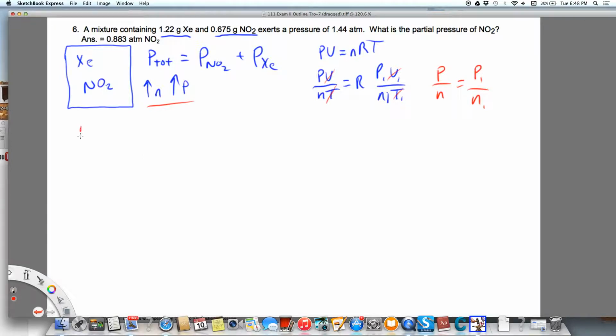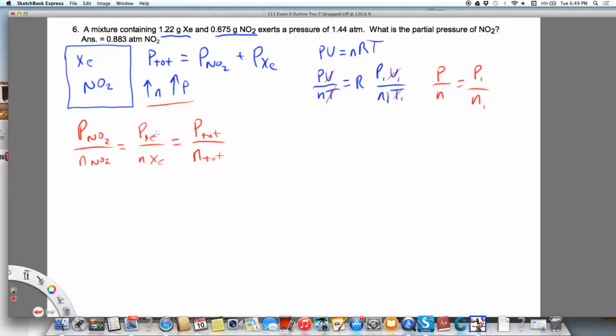As moles increases, pressure increases. So what this means is that the pressure of NO2 over the moles of NO2, that's going to equal the pressure of xenon over the moles of xenon, and that's also going to equal the pressure total over the moles total.